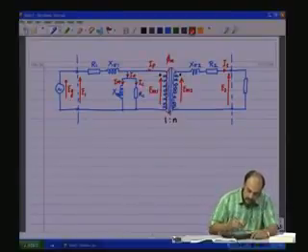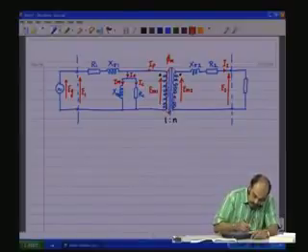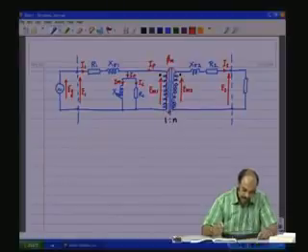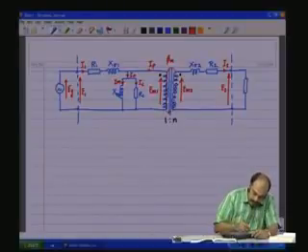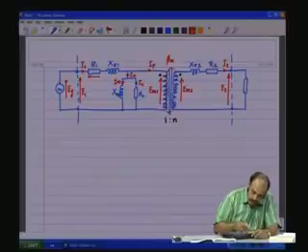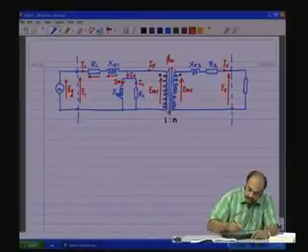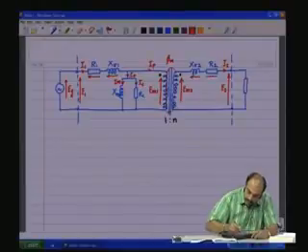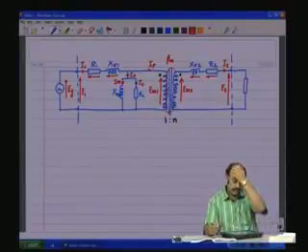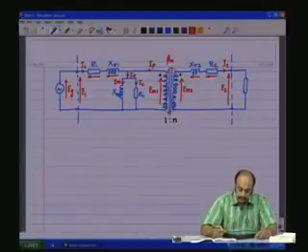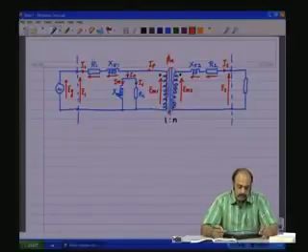And there is I1, the current drawn from the source, the primary terminal current. And of course, there are voltage drops across each of the components, ER1, E sigma 1, and as the current in this direction we have E sigma 2 and the voltage across this. So, this is the practical transformer.